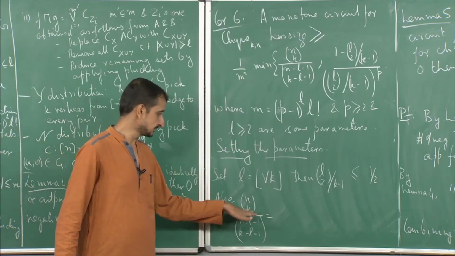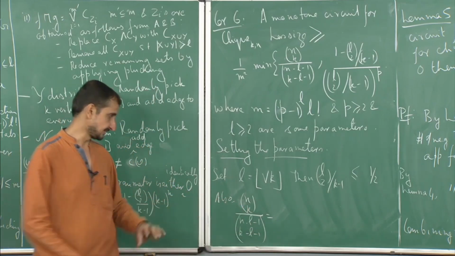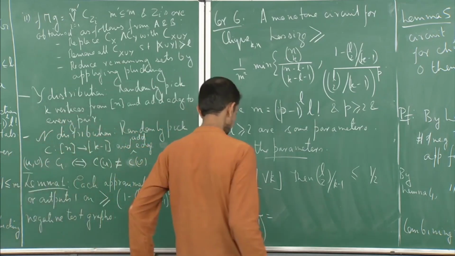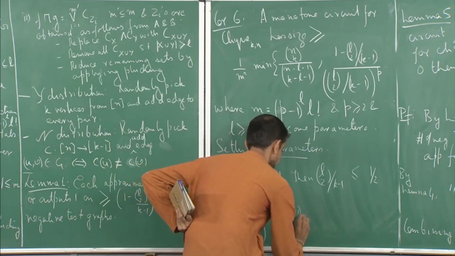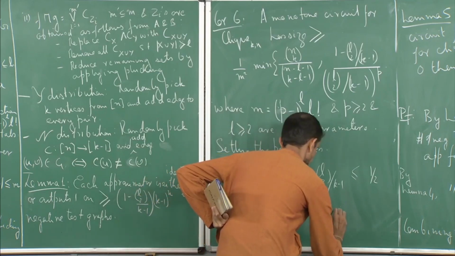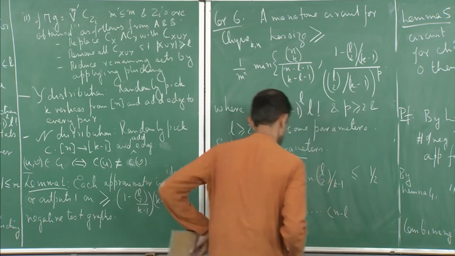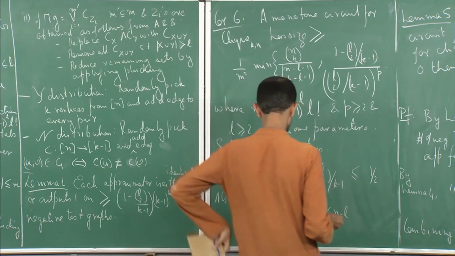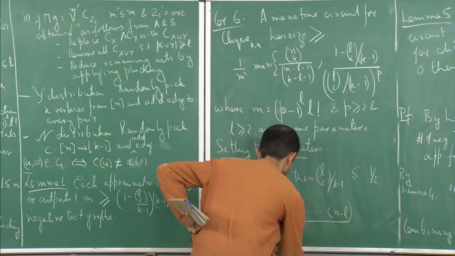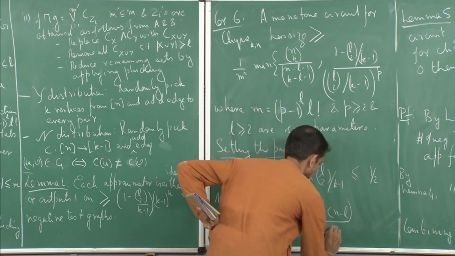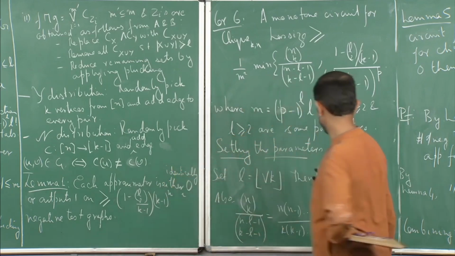So note that both these terms have a n minus k factorial in the denominator, which cancels out. So actually if you just simplify this, this boils down to n into n minus 1 all the way up to n minus L, and this will be k minus 1 up to k minus L again.